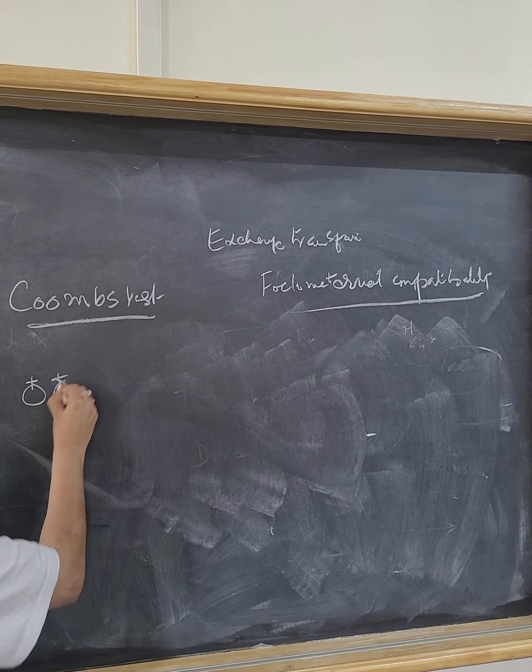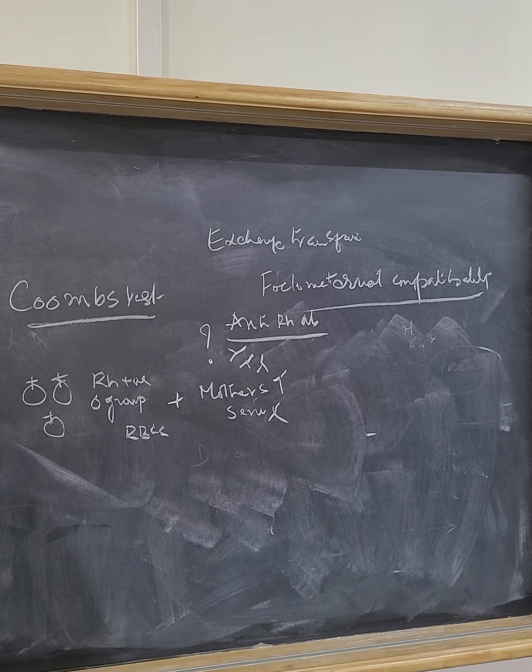Query: you do not know, suspecting she has anti-Rh antibody. You add mother serum, anti-Rh antibodies question mark. You do not know whether she has or she may not have.